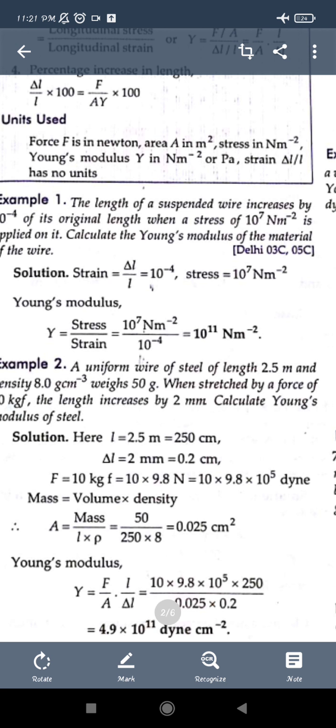So what it means, we know that density is equal to mass upon volume. So mass will be given as volume into density. What is volume? That is length into breadth into height, and d is the density.